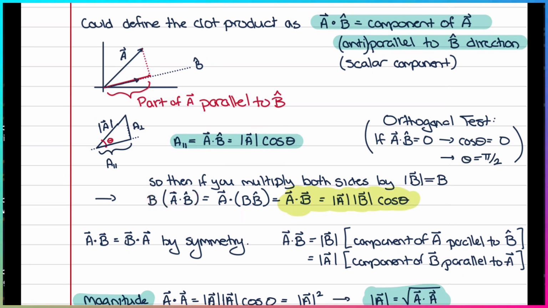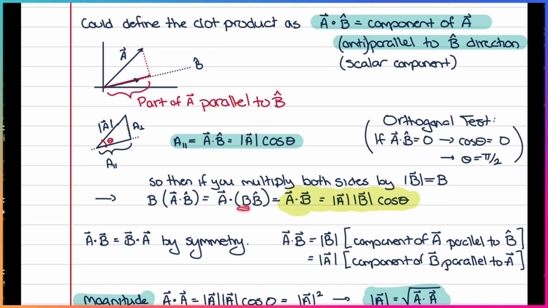And I'm going to take, really I should be proving, distribution and all this stuff, but we'll let the math majors think about that. I'm going to move that magnitude inside. So this is the same thing as the dot product of A with this vector here.